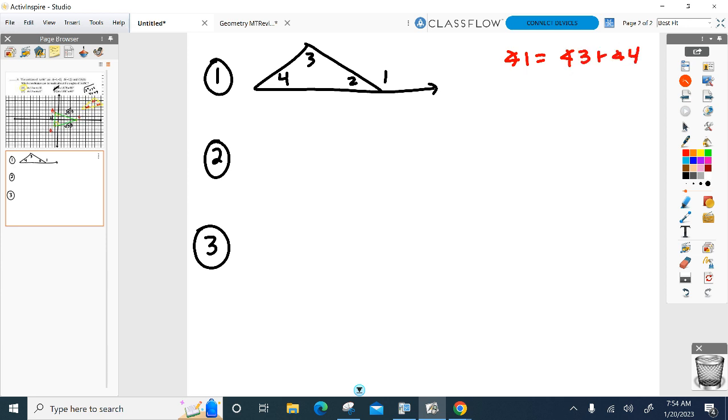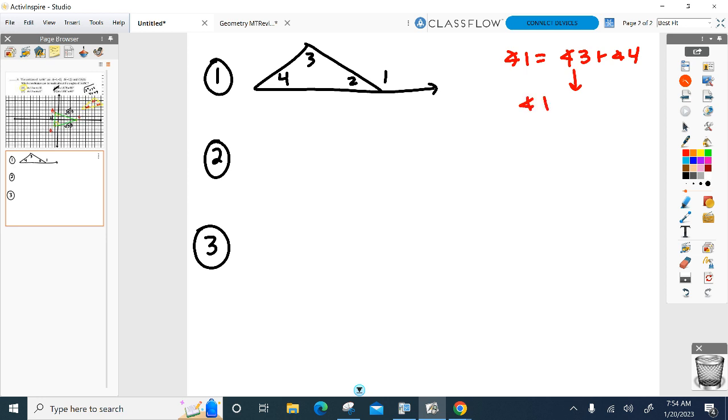Exterior angle. It's an exterior angle, and it's equal to the sum of the 2 non-adjacent interior or remote interior angles. Okay, remote interior. Also, you can keep going a little further and say, all right, if angle 1's equal to 3 and 4, add it up.